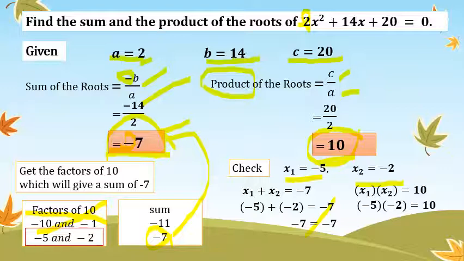So, negative times negative, positive. 5 times 2, it's 10. So, 10 equals 10. Okay, therefore, ang sum ng roots ng 2x squared plus 14x plus 20 equals 0 ay negative 7. Ang product of the roots naman ay 10.